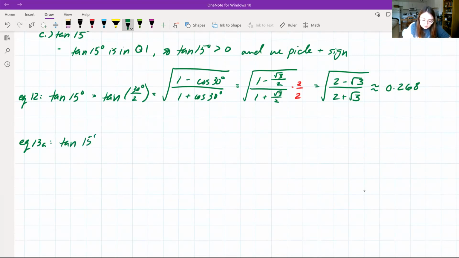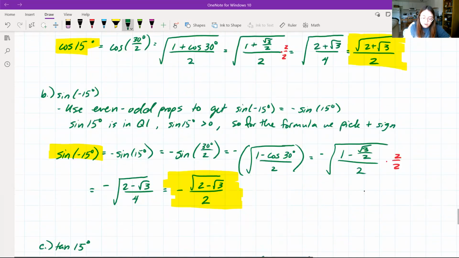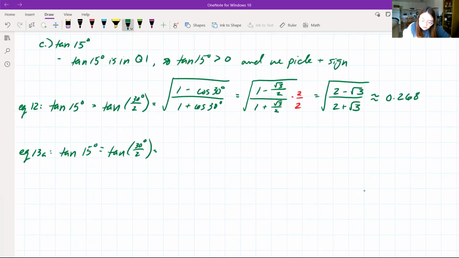So tangent of 15 degrees is equal to tangent of 30 degrees divided by 2, which is now going to be equal to 1 minus cosine 30 degrees divided by sine of 30 degrees.